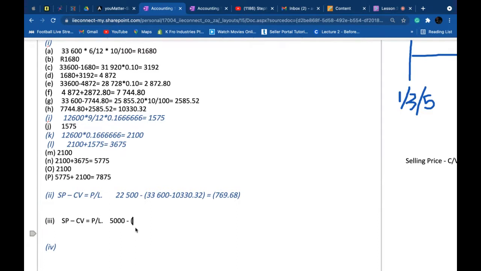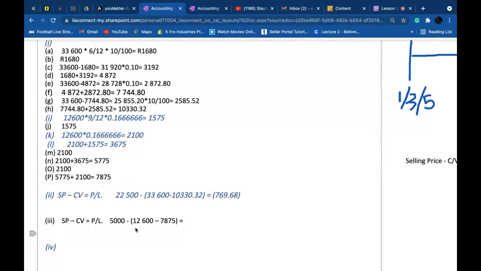Again, I just want us to break it down. The cost was 12,600, and then minus the accumulated depreciation, which was 7,875.